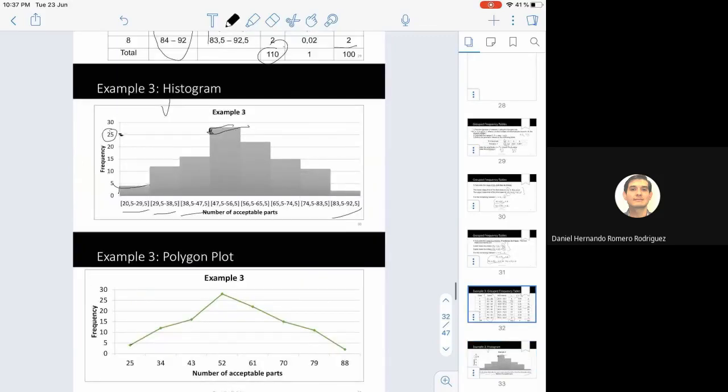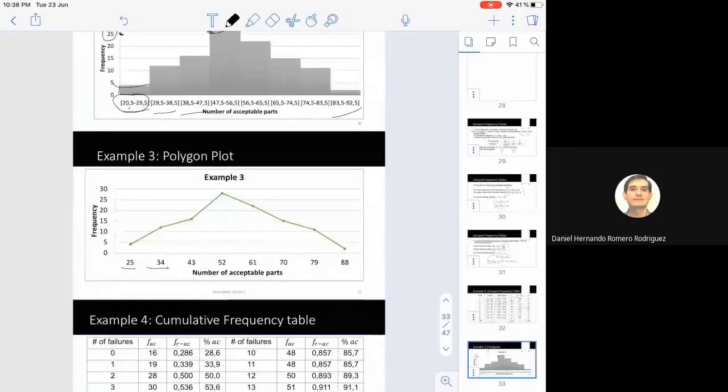It's just the midpoint in each class. For example, for the first one, the midpoint between 20.5 and 29.5 is 25. The midpoint between 29.5 and 38.5, that's 34.